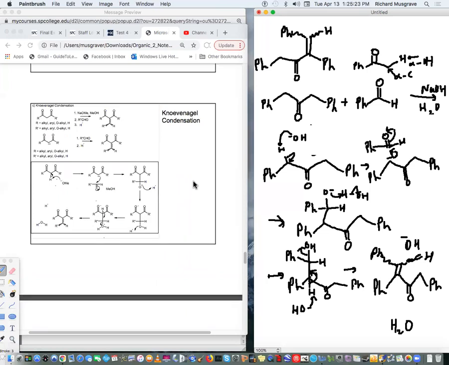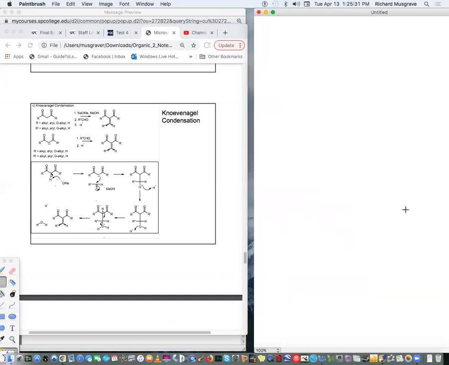The Knoevenagel condensation is not one I'm going to do a mechanism for. This is not a mechanism that you'll be asked on the test, but it is possible, or even probable, that you'll be asked one question that relates to the Knoevenagel condensation. It's very similar to the aldol condensation, except that the donor of the alpha hydrogens is one of these 1,3-dicarbonyl compounds that we were looking at earlier in the acetoacetic ester and malonic ester synthesis reactions.